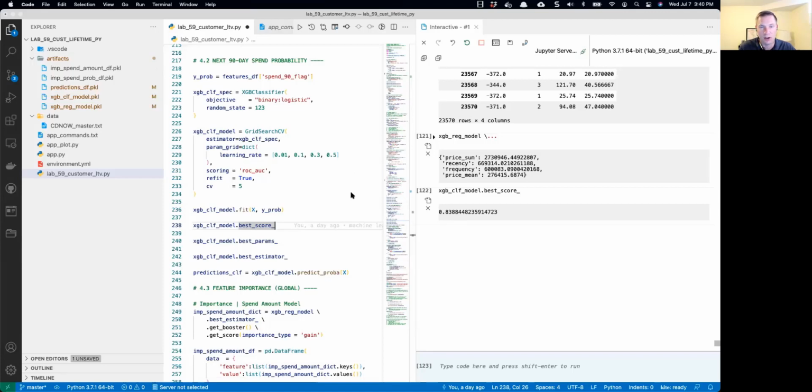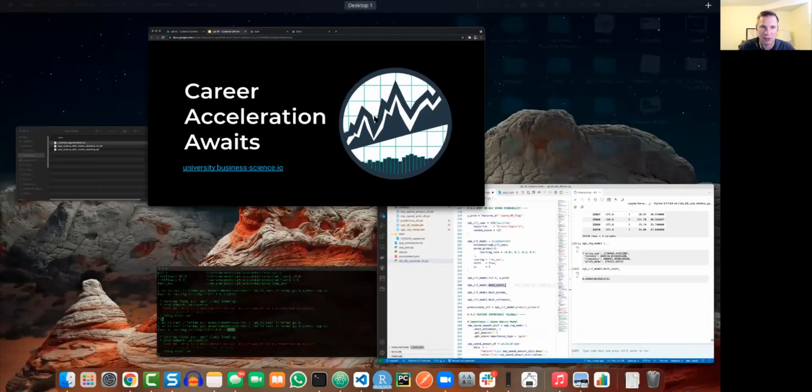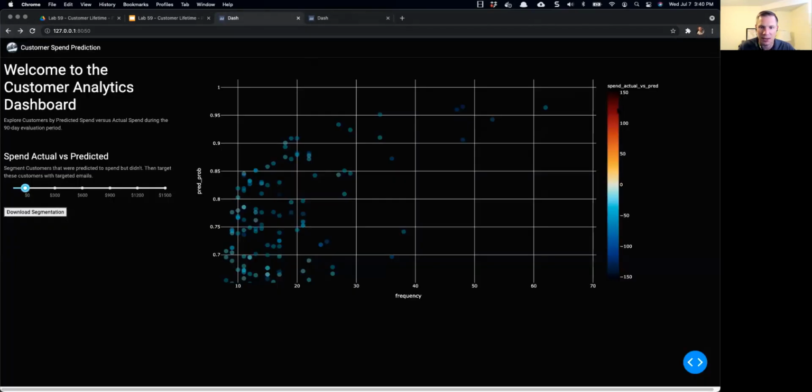And then we're going to provide that data to marketing via an application that looks like this. It's going to allow them to see the information that we have and download the segmentation so they can start creating their email marketing and targeting those segments.